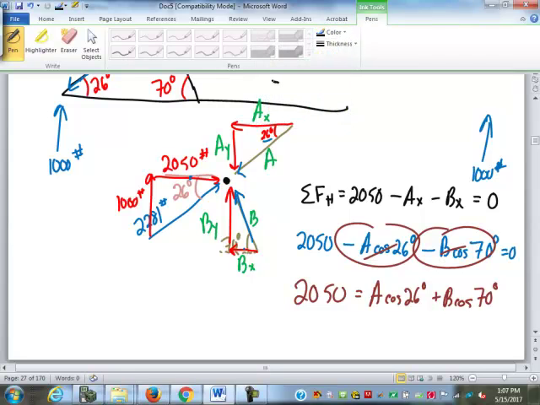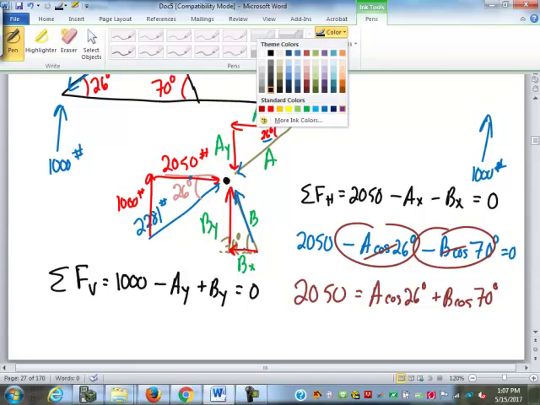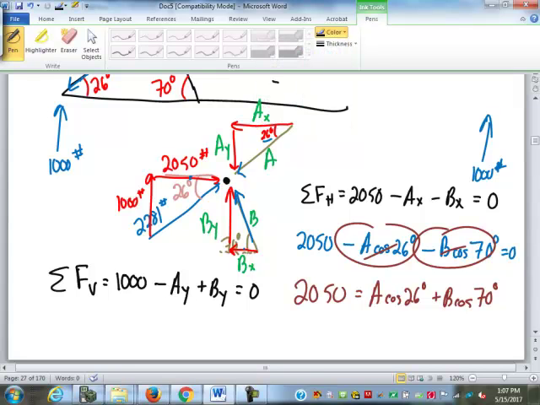Now I've got the sum of my vertical forces. Well, I've got the 1,000 pounds going up is positive, so that's 1,000 pounds. AY is going down, so that's minus AY. BY is going up, so plus BY. That has to add to 0. AY is A times the sine of 26 degrees.